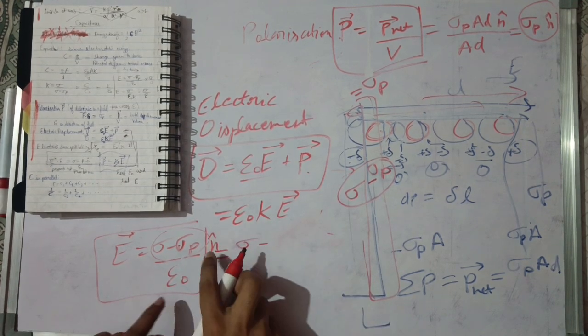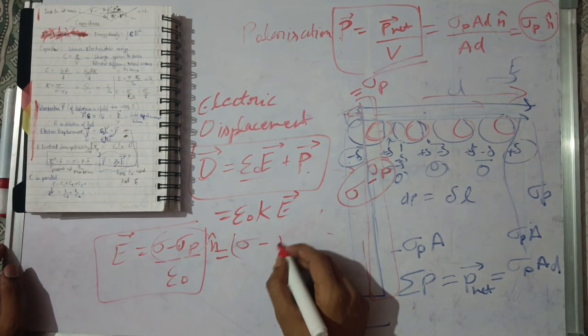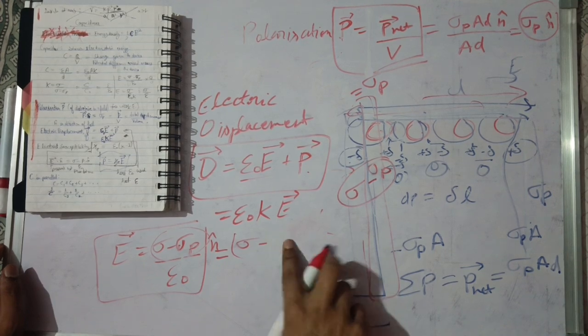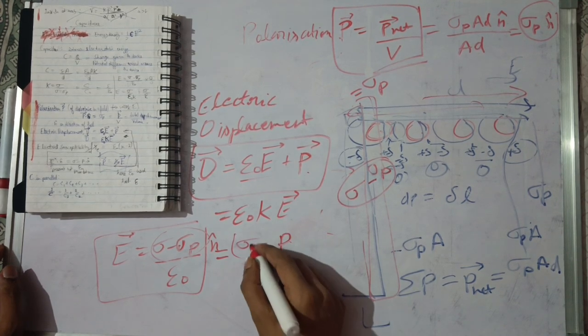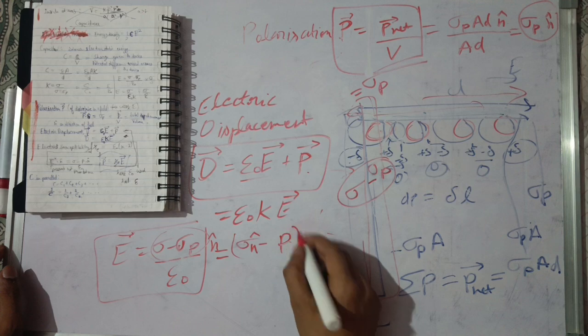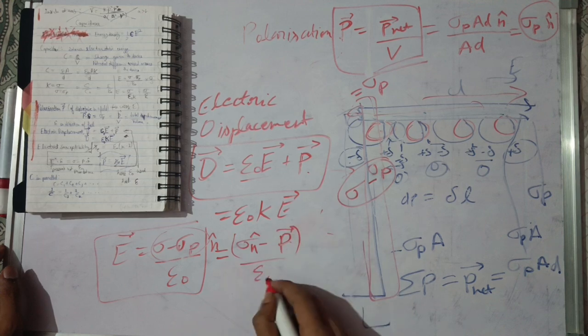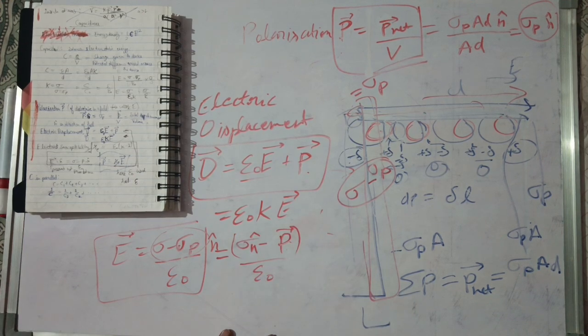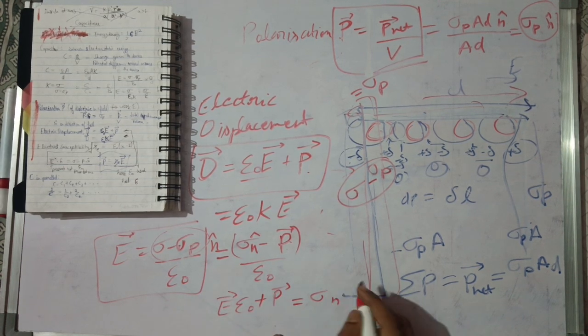I can multiply with n vectors, so sigma p can be written as n cap into the polarization vector divided by epsilon naught. From this we get electric field into epsilon naught plus the polarization vector P is equal to sigma into n cap.